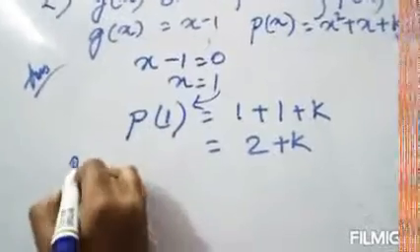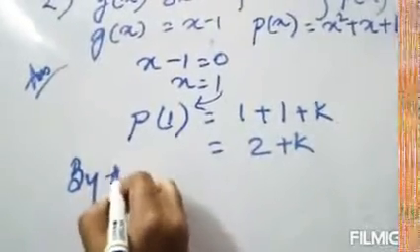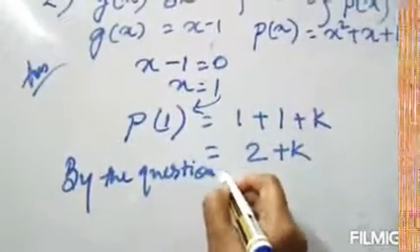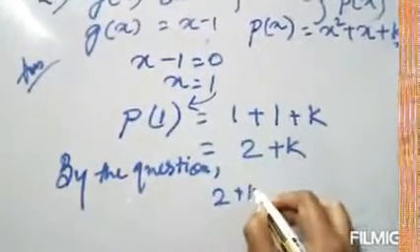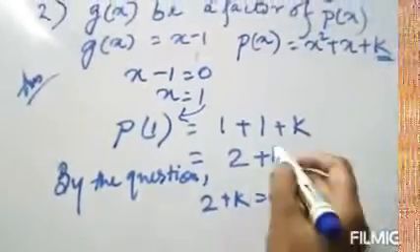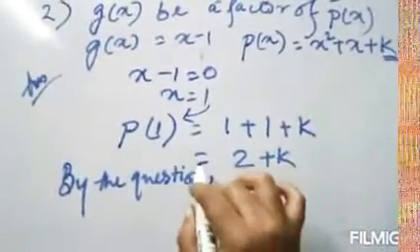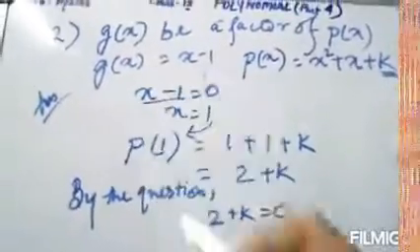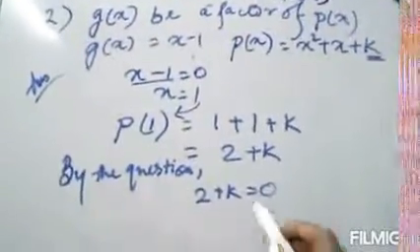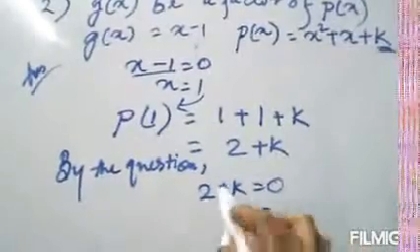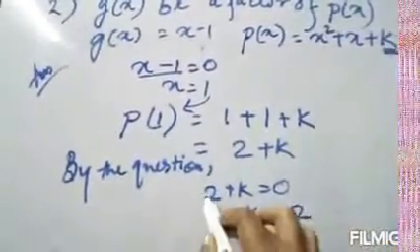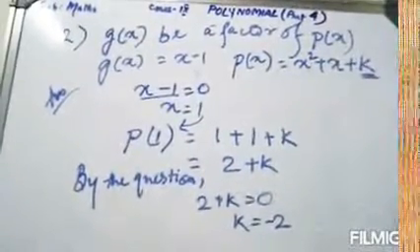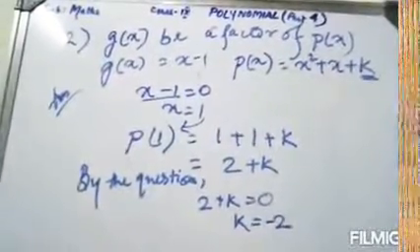So by the question we can say 2 plus k is equal to 0, because if k's value was given, then automatically the value should have come 0, as it is already stated x minus 1 is a factor. So what will be the value of k? K will be minus 2, because when we take 2 this side, it will be minus 2. This is how this problem can be solved.